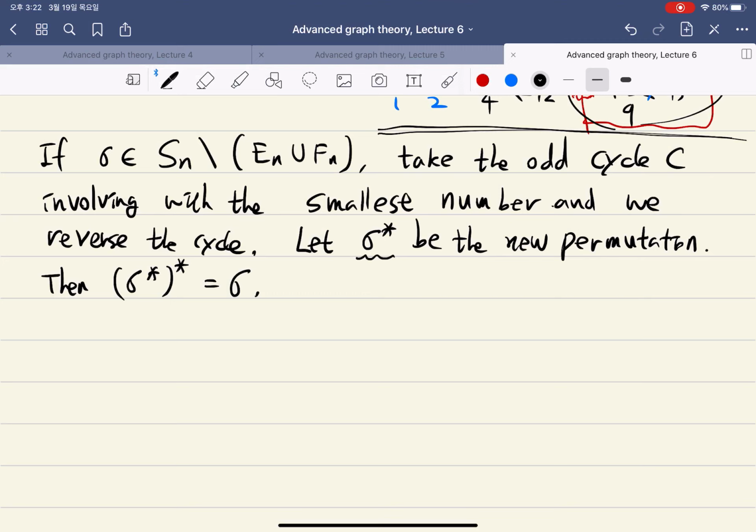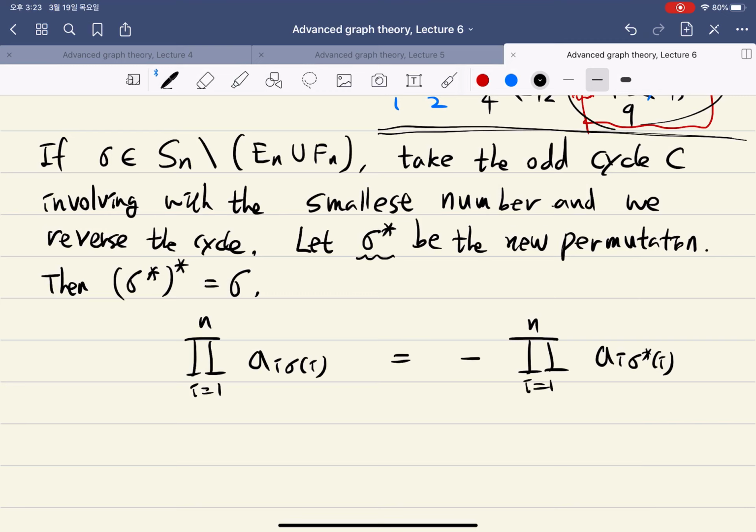And what do we know? We know more about this: if you compute this term for sigma and for sigma star, it's the same up to sign.